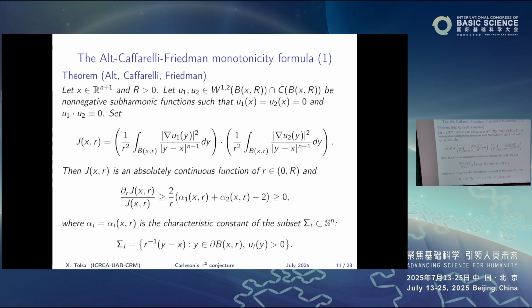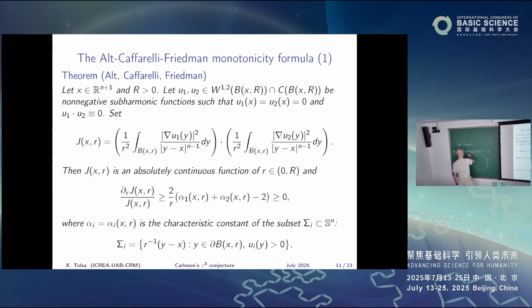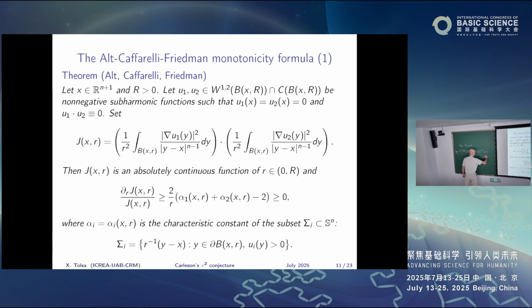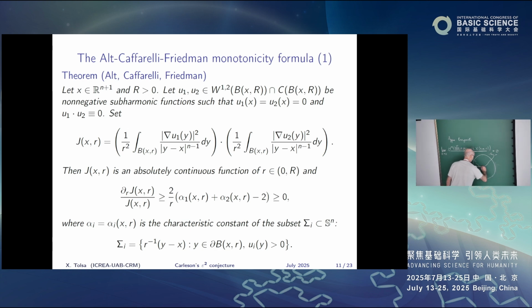So we have this sphere, and then imagine that we have here, this is omega 1, this is omega 2, then sigma 1, then this is sigma 2.